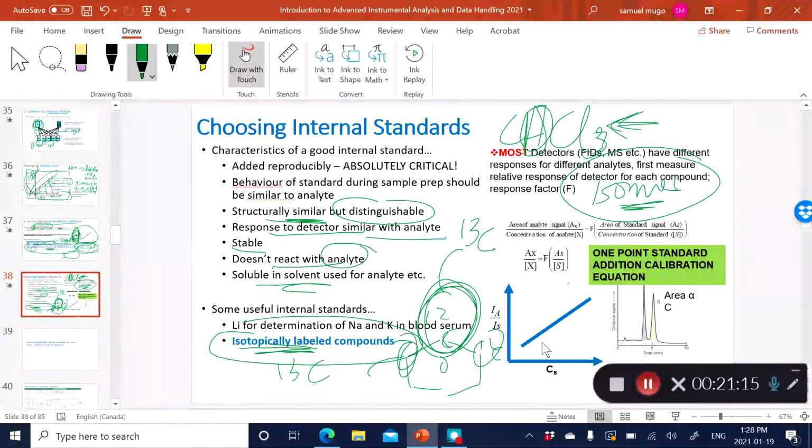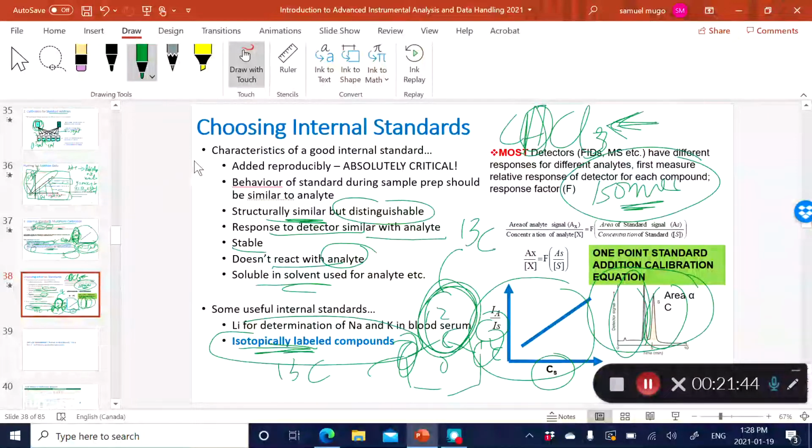And again, as I've shown you, the y-axis would be the signal of the internal standard divided by the signal of the regular standard. And the x-axis is simply the concentration of the standards. And this chromatogram shows you something very important: the internal standard here should be distinguishable from your other standard, which is the analyte in that case.